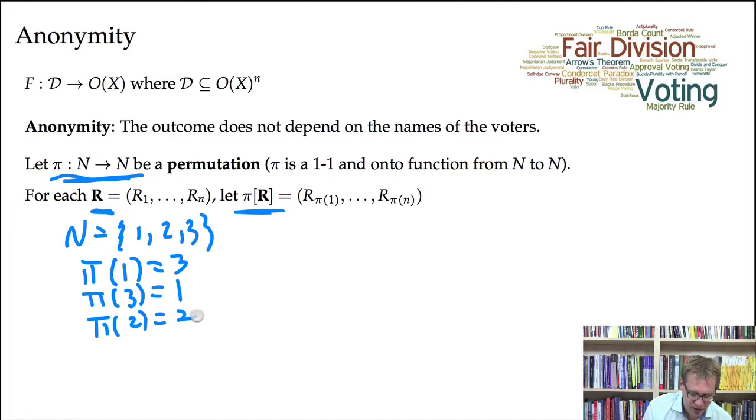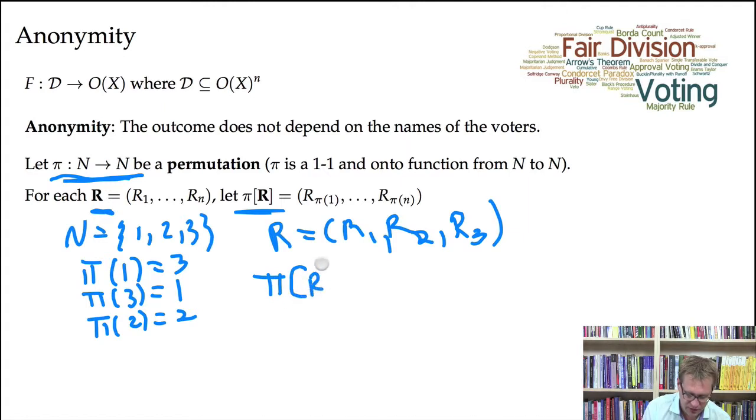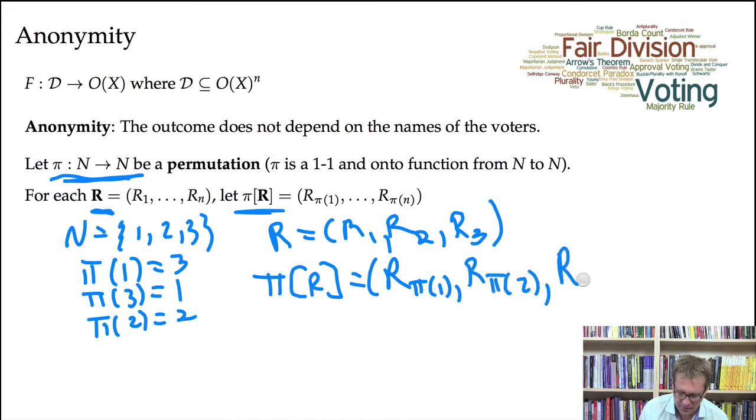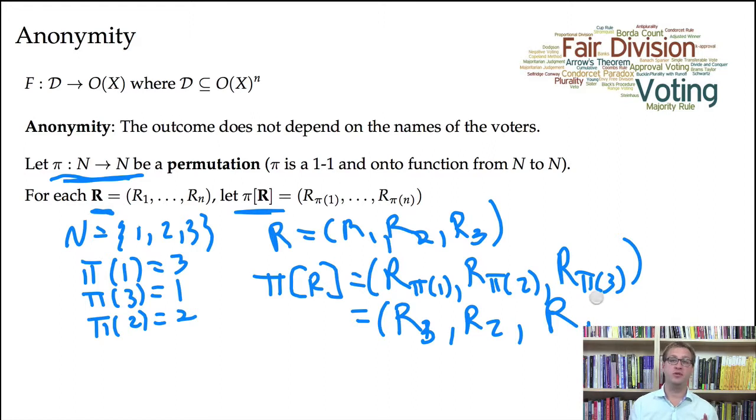So if we have some profile R1, R2, and R3, shuffling that profile gives us R pi of 1, R pi of 2, R pi of 3, which is actually equal to R3, R2, R1. So all we're doing is taking the ordering in the first component of the profile and swapping it with the ordering in the third component of the profile.